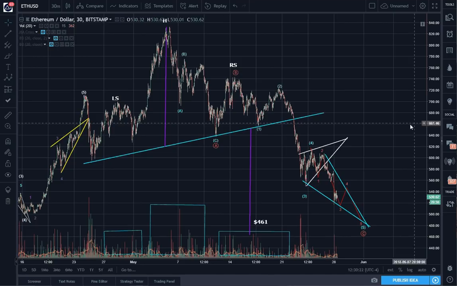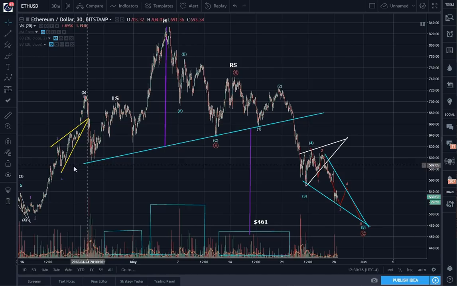So we still have this ABC. This head and shoulders was just beautifully executed, complete and confirmed in price, by breaking the neckline, and the volume was just as impressive.